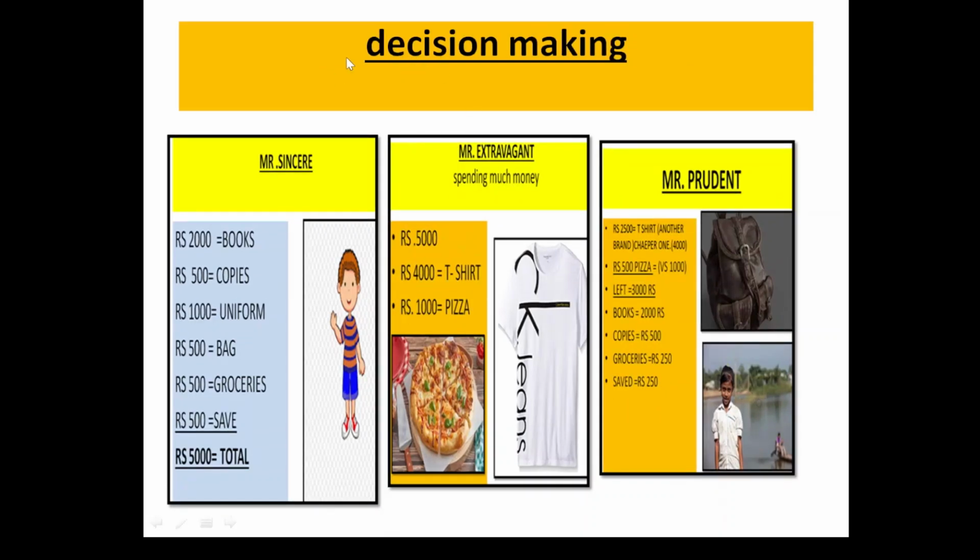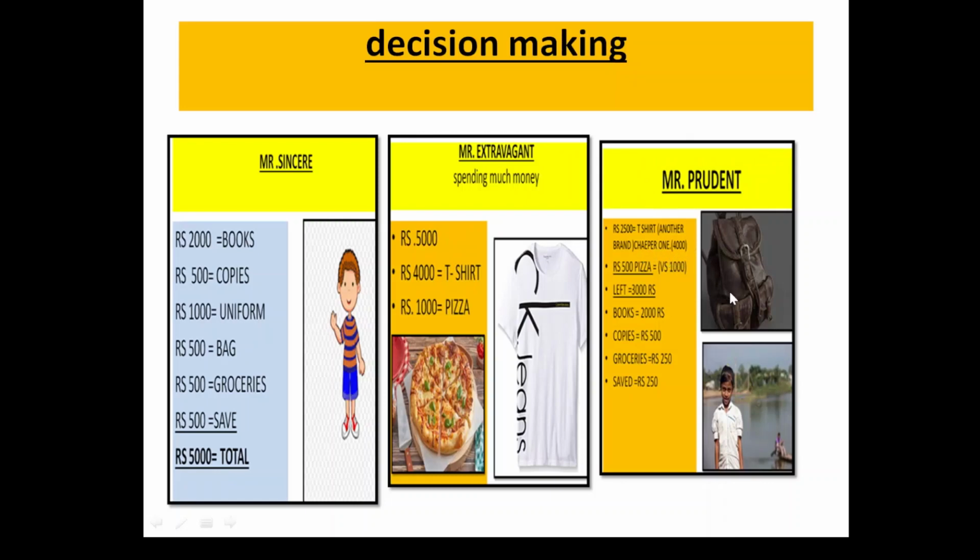Now, the decision making. Among all the three friends, whom do you think made a very wise decision? Was it Mr. Extravagant, Sincere, or Mr. Prudent? I think it was Mr. Prudent who made a very wise decision. On the second level, it is Mr. Sincere, because maximum satisfaction lies with Mr. Prudent.